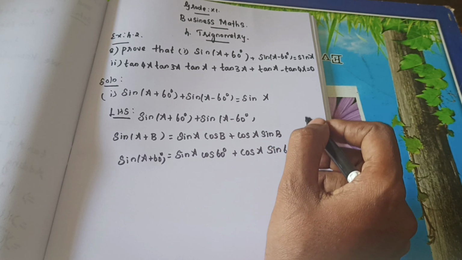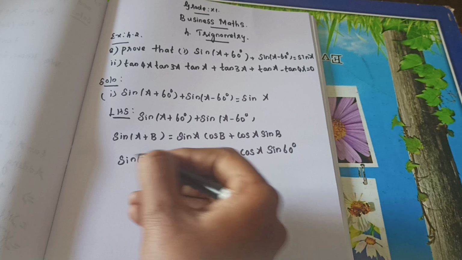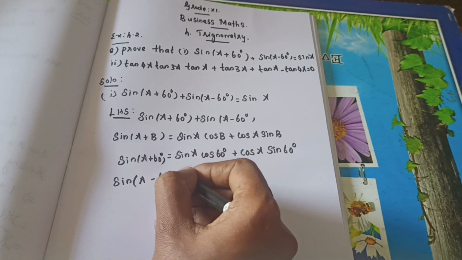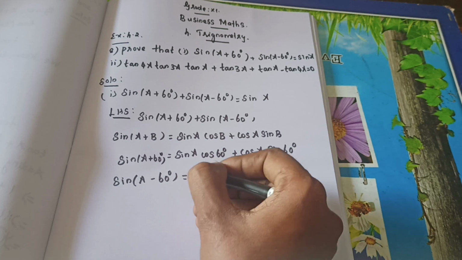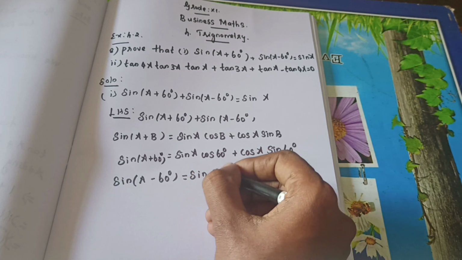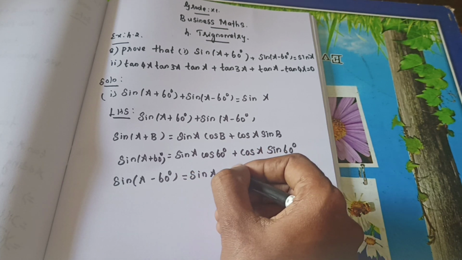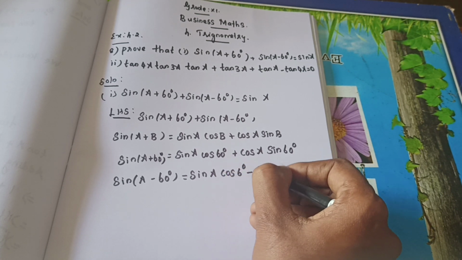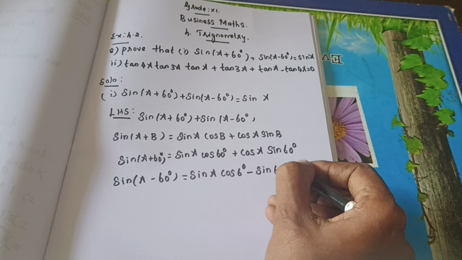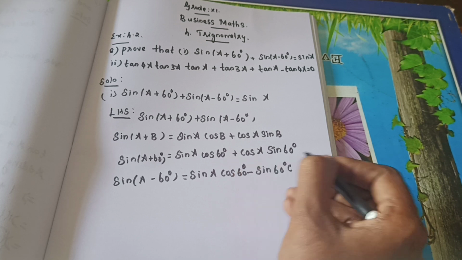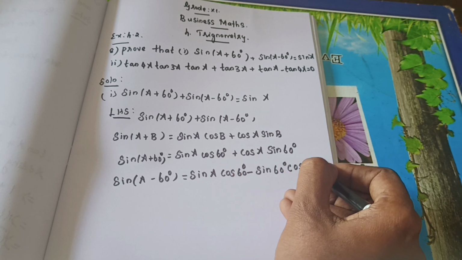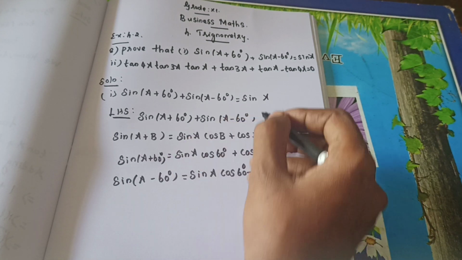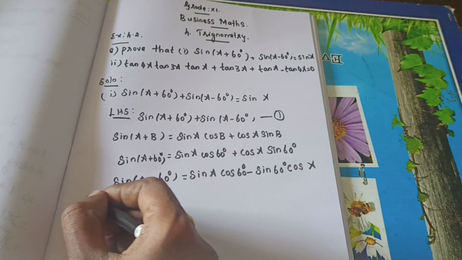Okay, then sine (a minus 60 degree). What's the formula for sine (a minus b)? Sine a cos 60 degree minus sine 60 degree cos a, correct? So now apply this in equation number 1.